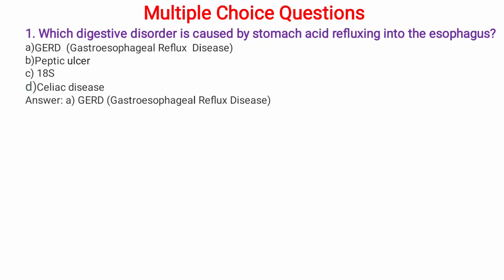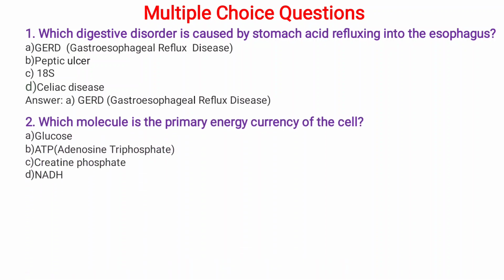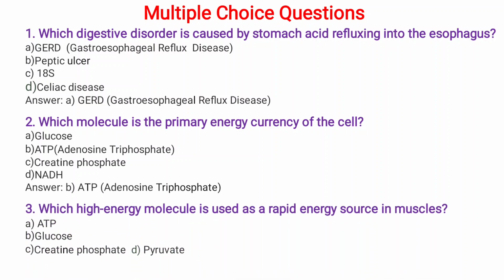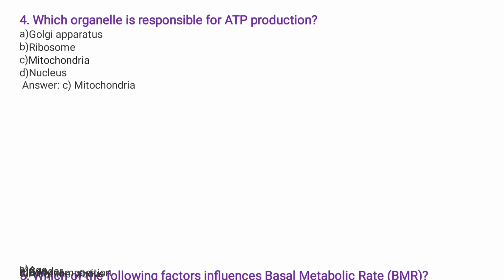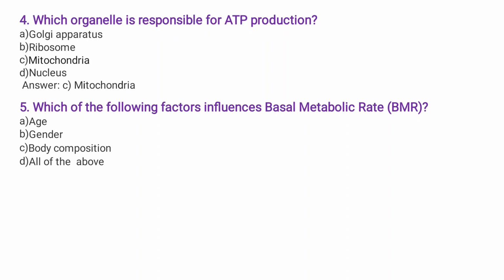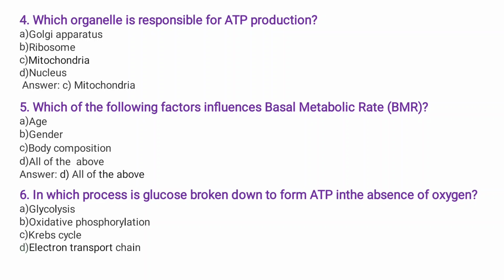GERD. Which molecule is the primary energy currency of the cell? ATP. Next, which of the following factors affect basal metabolic rate? All of the above.